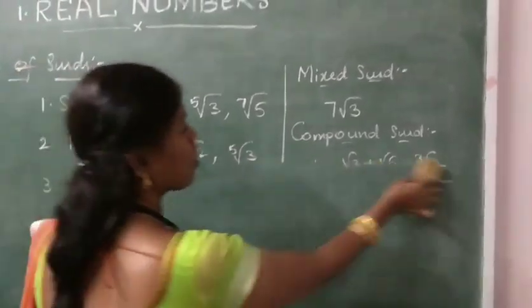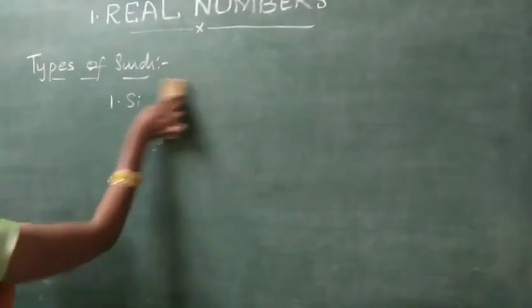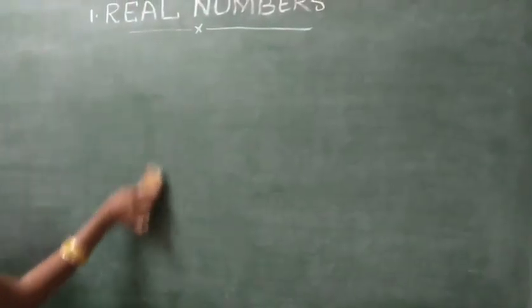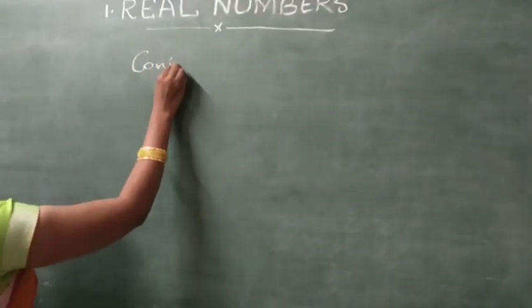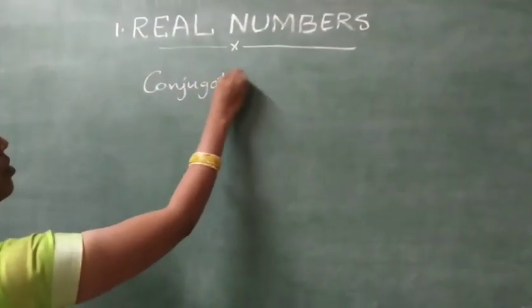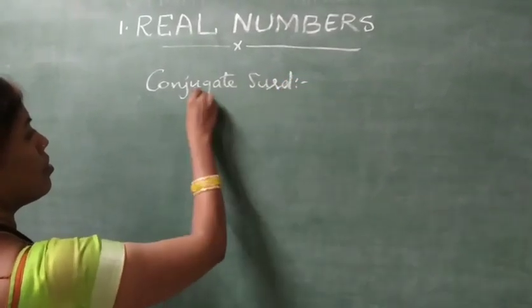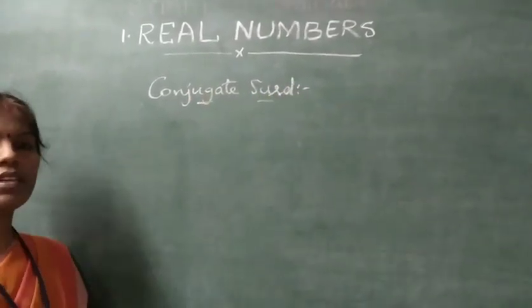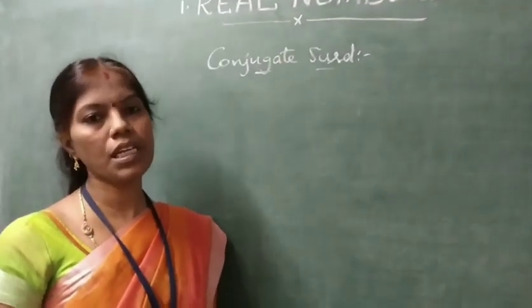That is the conjugate. What is meant by a conjugate surd? The sum and difference of quadratic surds are conjugate to each other.